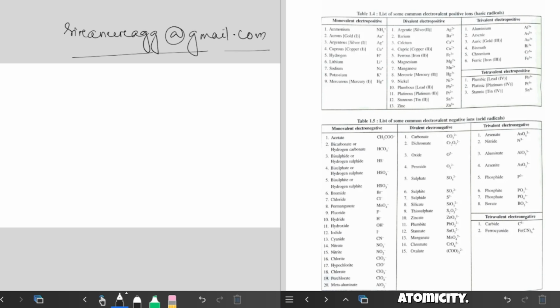Okay, so now let's understand about hypo-ITE and per-ATE. To understand this, let me write the radicals of chlorine, that will be easier to understand. So ClO2 1 minus, ClO3 1 minus. I think we have studied these two just before.